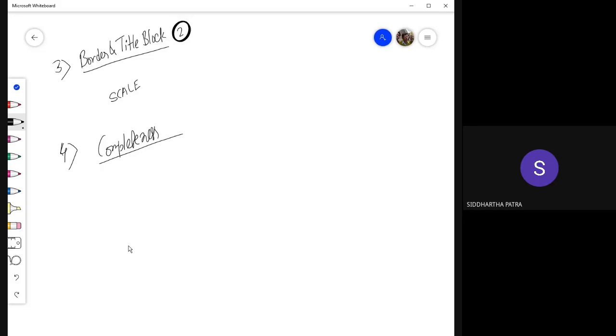Which means whether or not the drawing is complete. The issue is what would be referred to as complete. For example, if you are drawing a bolt or a stud, and there are certain segments to it.